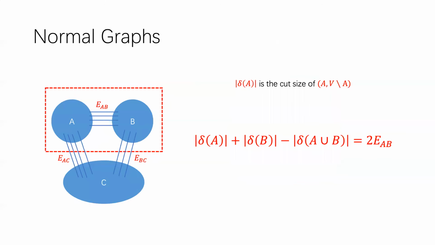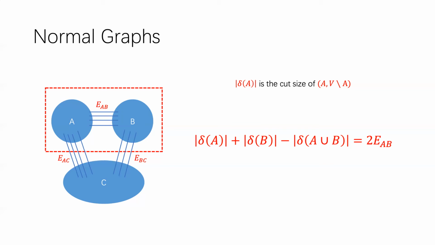However, in the case of normal graphs, we do have a way to simulate cut size query in the induced graph. So let's consider this graph in the picture. The cut A and V minus A contains edges between A and B, which we call EAB, and also the edges between A and C, which we call EAC. And similarly, the cut B and V minus B contains EAB and EBC, and the cut C and V minus C contains EAC and EBC.